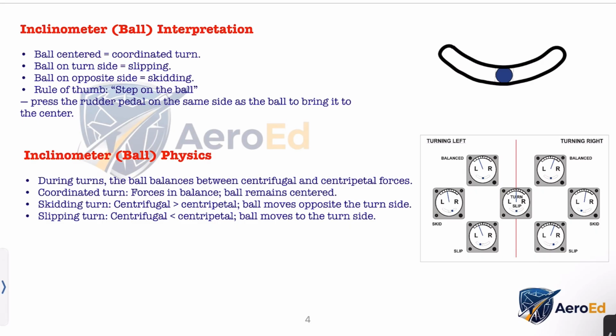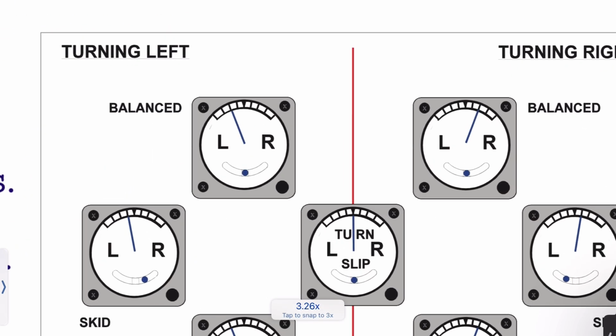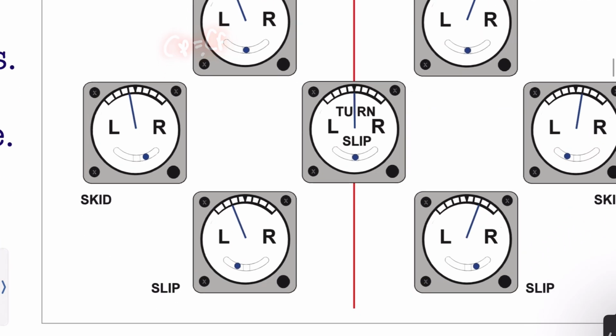Now I will explain the physics behind this slip indicator, or the inclinometer. Let us look at this image. In a balanced turn, the centripetal force and the centrifugal force are equal. But in the case of slipping, the centripetal force is now more than the centrifugal force, which causes the ball to move to the turn side.